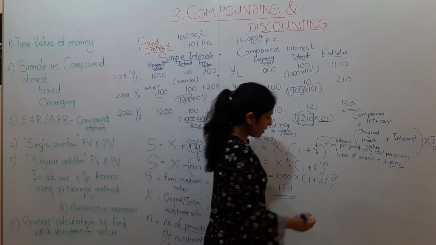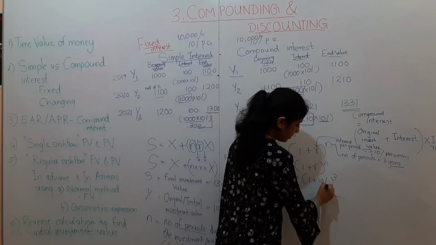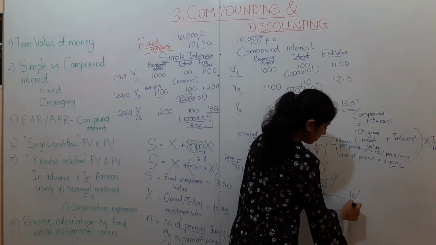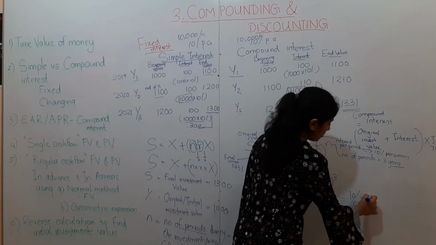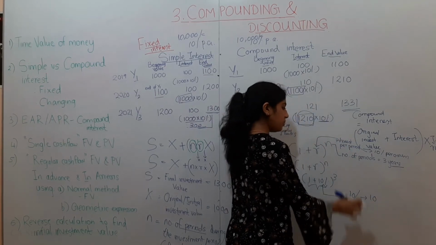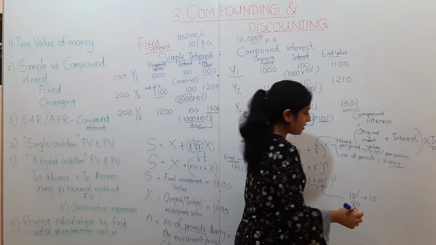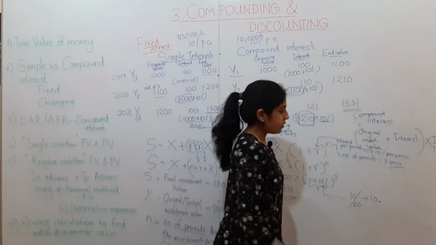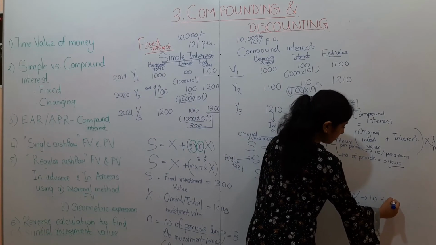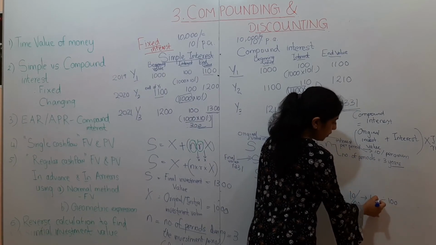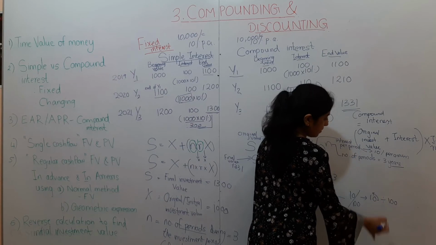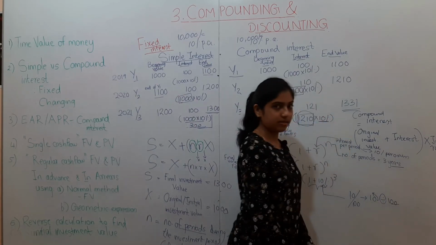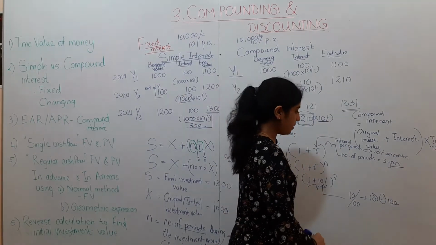Okay. Just a small quick thing about this 10%, how you calculate this part. Now 10% means 10 divided by 100. You might have learnt in school that if a number is just there, it means there is a decimal point after it. So if you divide 10 by 100, then you move your decimal point backwards. That is the rule for divisions by hundreds and tens, or by the number of zeros available.